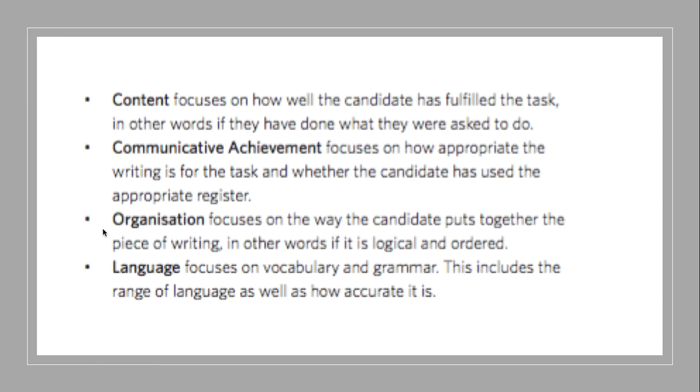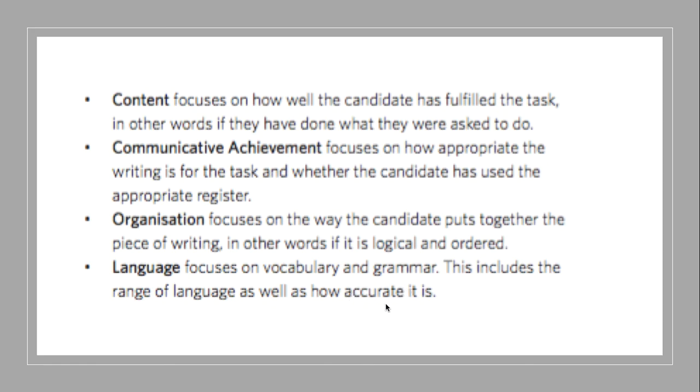Then we'll also be looking at organization, the way the candidate puts together the piece of writing, in other words, if it's logical and ordered. We're looking for paragraphs, linking words and devices, and that the piece flows logically and readably. The last element is language, that is vocabulary and grammar.